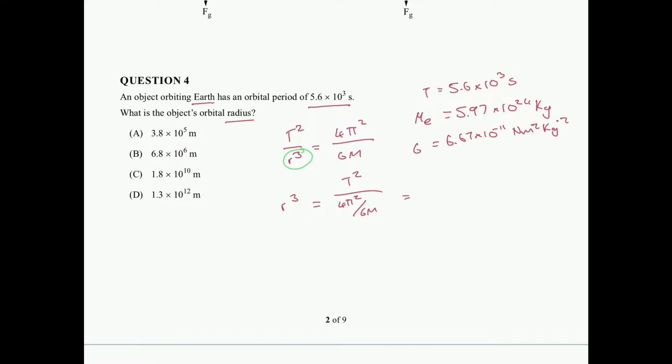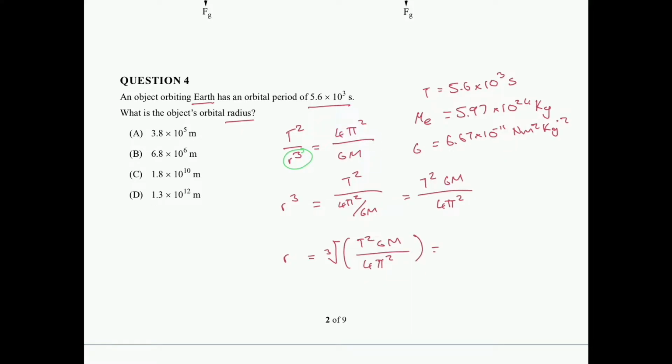And that can be inversed to get you T squared GM over 4 pi squared. All right, so therefore R is equal to the cube root of T squared GM over 4 pi squared.